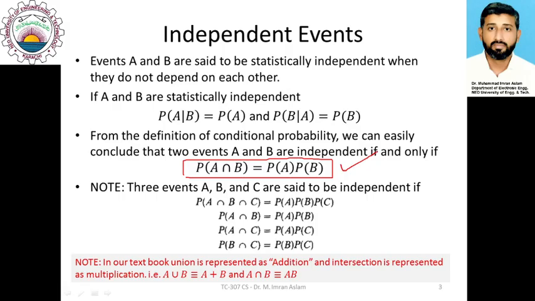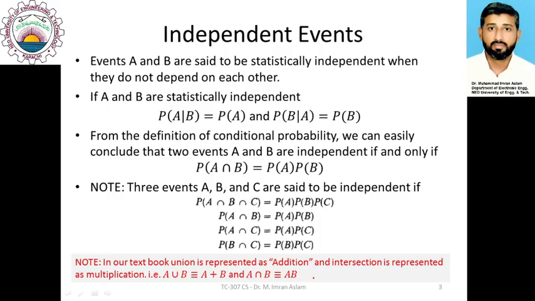At this stage I want to mention one more thing: our textbook uses another notation for intersection and union. The union has been represented as addition in our textbook. So A union B is written as A plus B, whereas intersection is represented as multiplication. A intersection B is written as A into B. You should realize that this is just a notation used by our textbook.